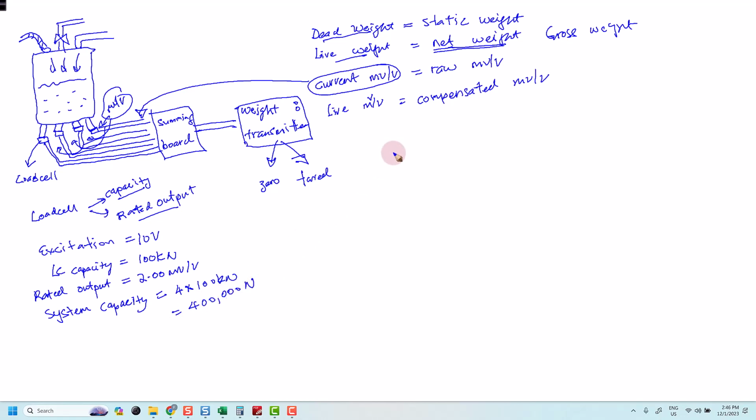There are different units of weight. It can be kilogram, pounds, etc. For today's discussion, I use kilogram as my weight unit.